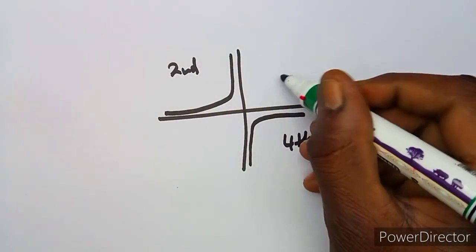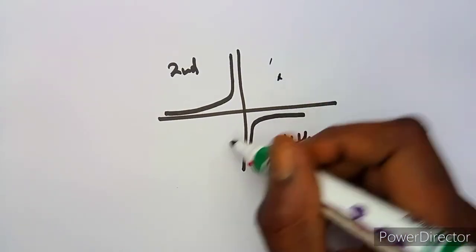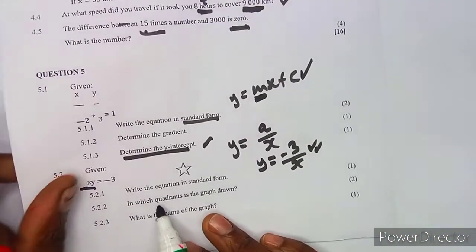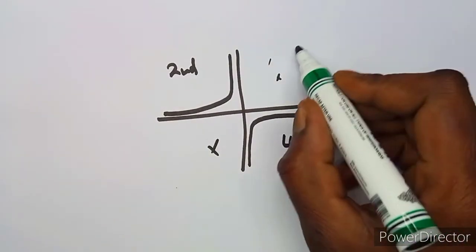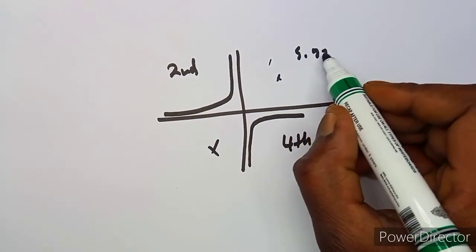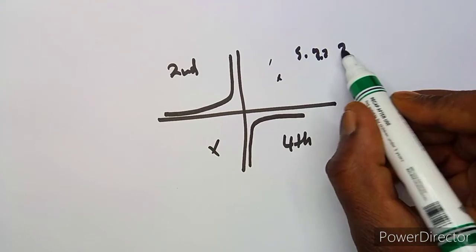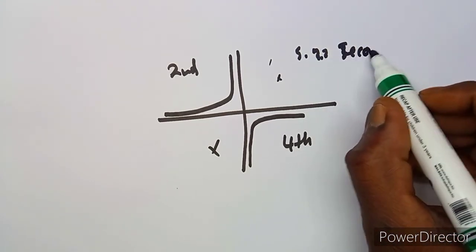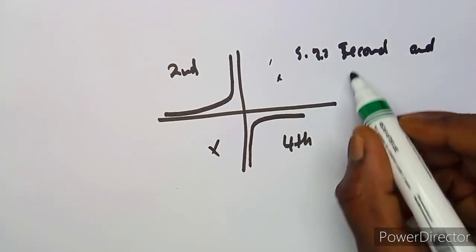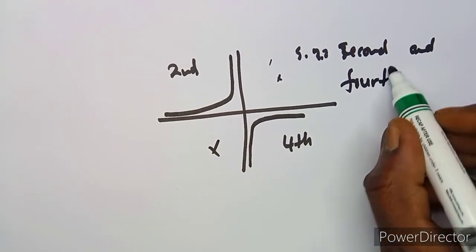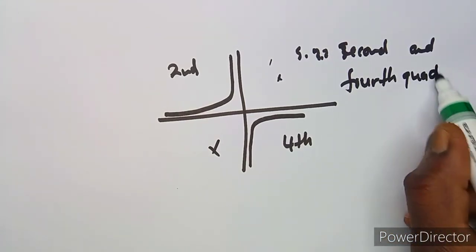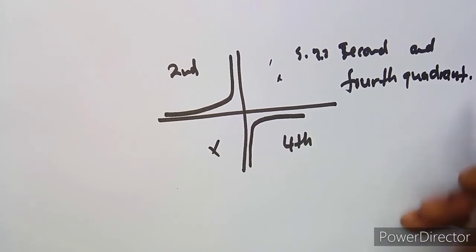When it is a positive, that's where you see it in the first and in the third. So this one is going to be seen in the second and fourth quadrants.